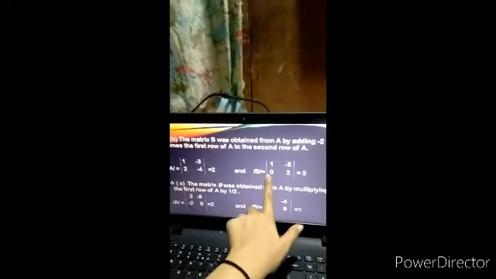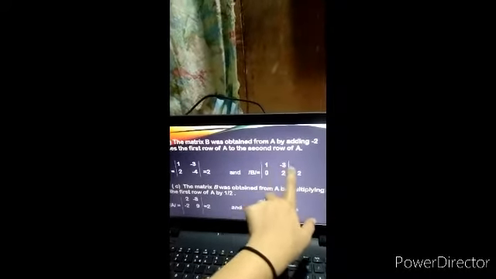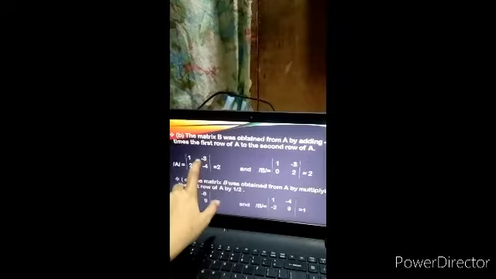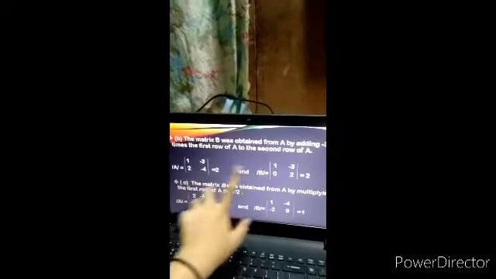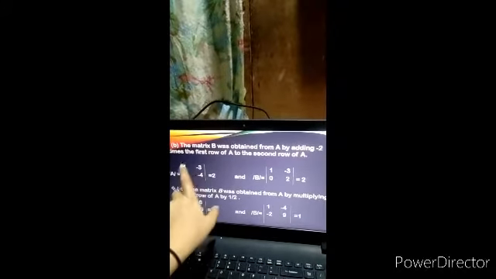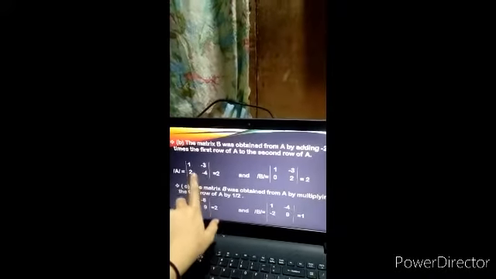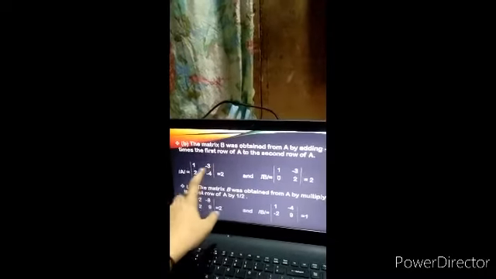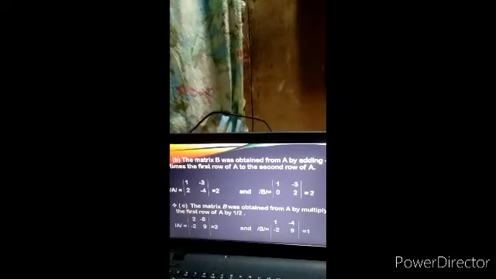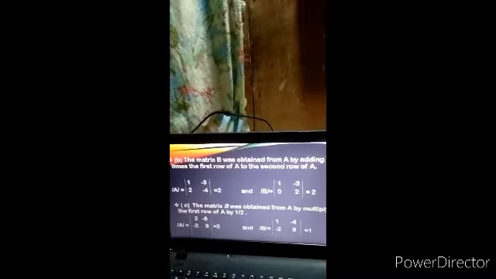In B, the first row is copied from matrix A. Then we produced this by multiplying by negative 2 and then adding here. So nothing happened in the second effect. Even with adding negative 2 times a row, nothing changed, the result is still the same.